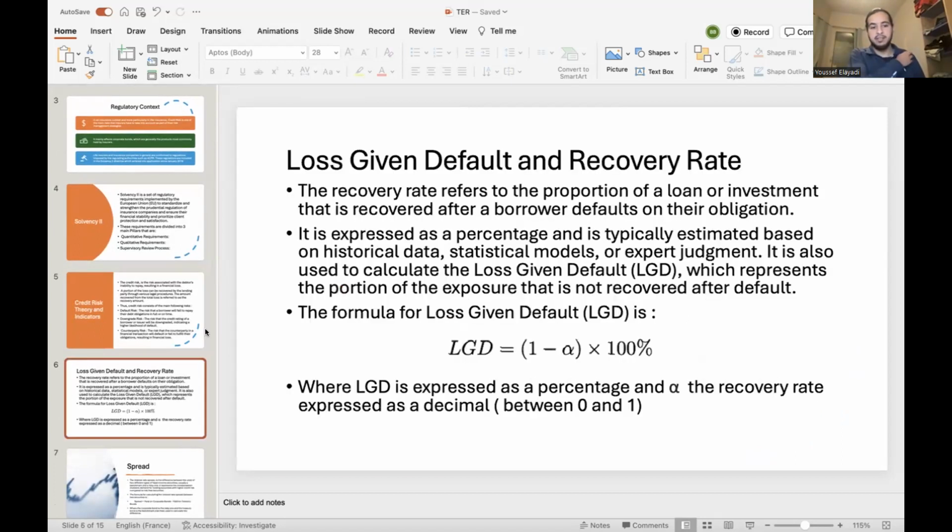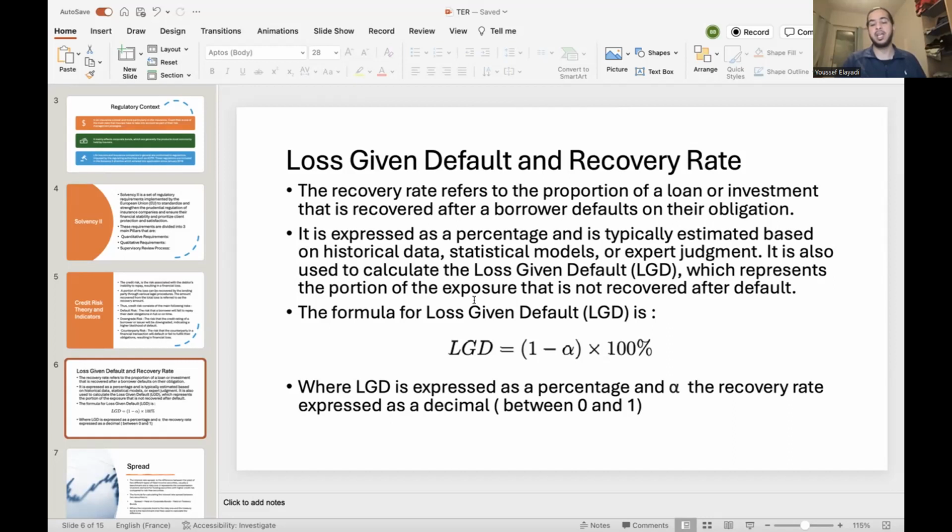Also, for the loss given default and the recovery rates, we have the loss given default given by the formula: 1 minus alpha, multiplied by 100, alpha being the recovery rate, which is a fraction from 0 to 1. So the loss given default, noted LGD, is a percentage between 0 and 100, and it represents the portion of the exposure that is not recovered after default.